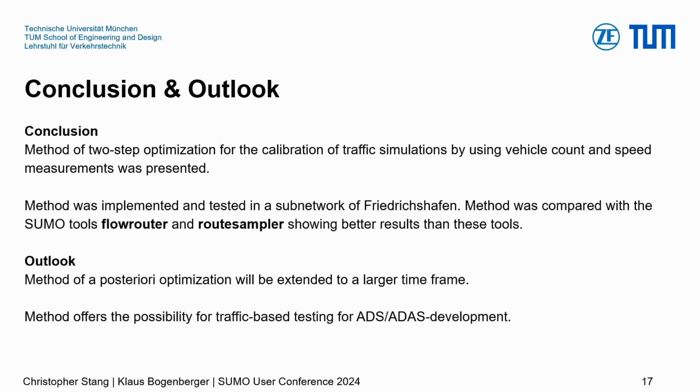I've shown you a showcase for a subnetwork of Friedrichshafen for a specific data set. The method was implemented and tested, and also compared to the ready-to-use tools SUMO provides, namely flowrouter and routesampler. And we could, for this showcase, produce better results than these tools.